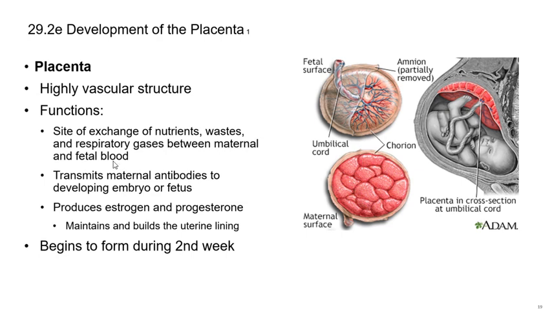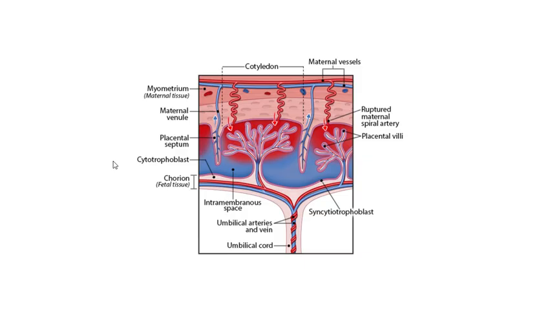And so what this structure is, and I want to show you a picture here, is essentially a means by which you can have blood from the maternal circulation and fetal circulation not mix, but come in very close contact with each other, such that you allow for diffusion to occur and the movement of gases, waste products, nutrients, and other substances from one circulation to another.